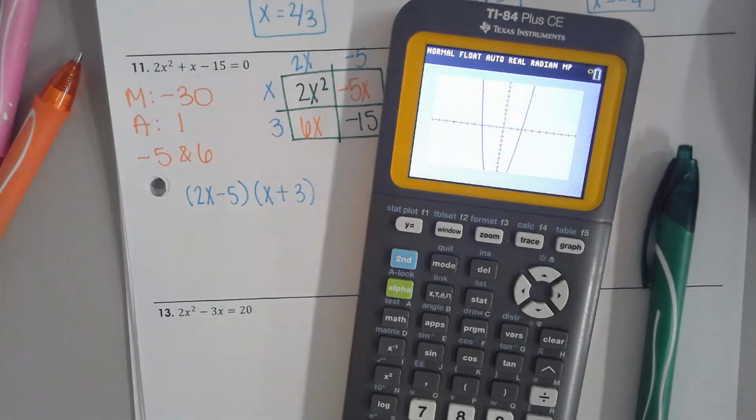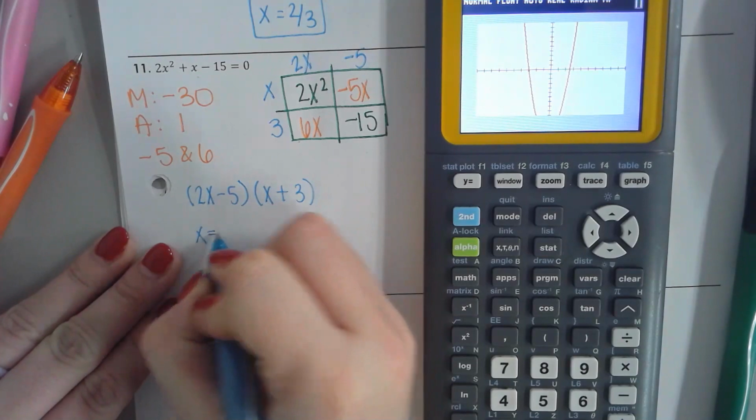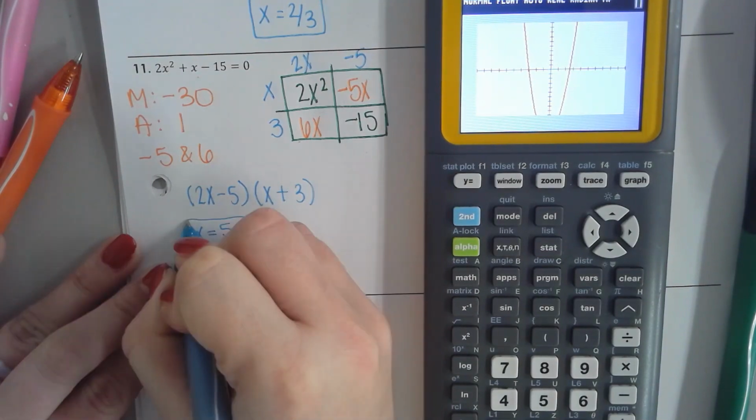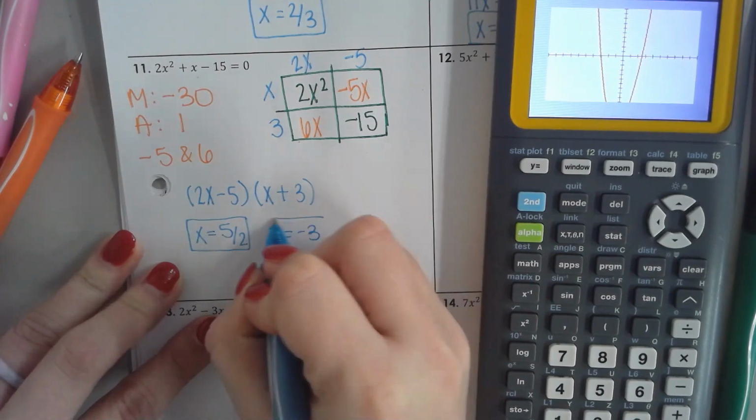Now when you type in your original, it has to be the one that's set equal to 0. And those did overlap. So we have x-intercepts. If from this step you know that it's x equals 5 over 2, that's fine. And you know that it's x equals negative 3, that's fine.